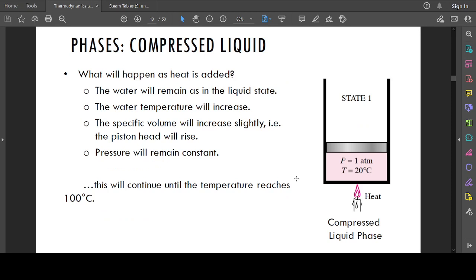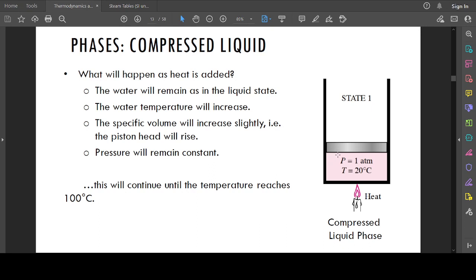The water will remain in the liquid state and the water temperature will increase. The specific volume will slightly increase. That is, there will be a very, very small movement of the piston here, and the pressure will remain constant. We refer to it as constant pressure because we are doing work to maintain the pressure constant.